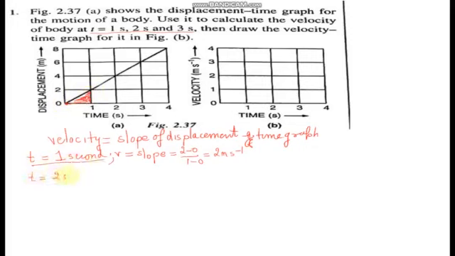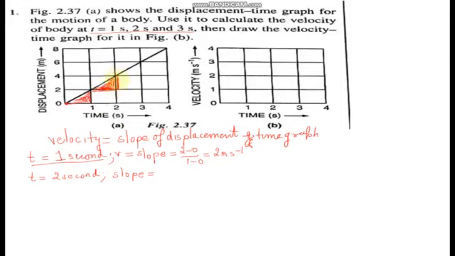Now we will find the velocity at time equal to 2 seconds. यहाँ पर भी velocity कैसे आएगी? By finding the slope. So 1 से लेके 2 तक जो slope है, that will give us the velocity here. तो हम इस triangle का slope find out करेंगे. Slope is perpendicular height divided by the horizontal height.